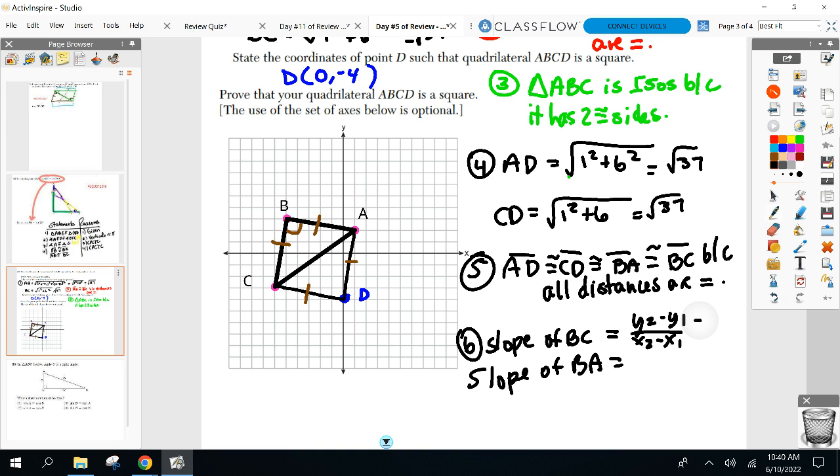So BC, I think, is 1 over 6. And BA was, no, I got to reverse that. BC is 6 over 1. So 6. And then BA is negative 1 over 6.